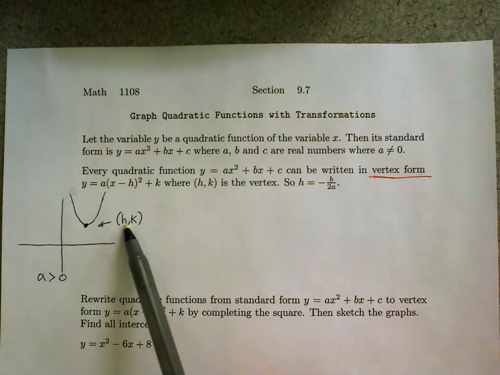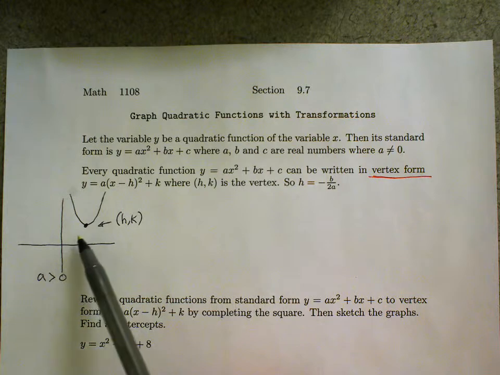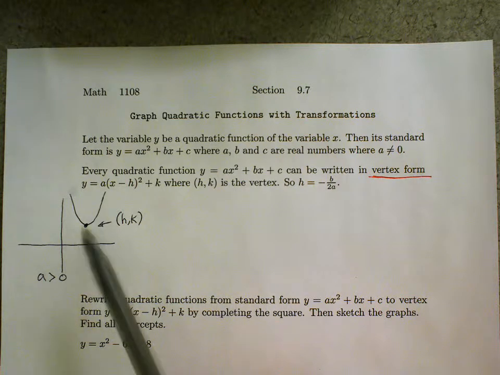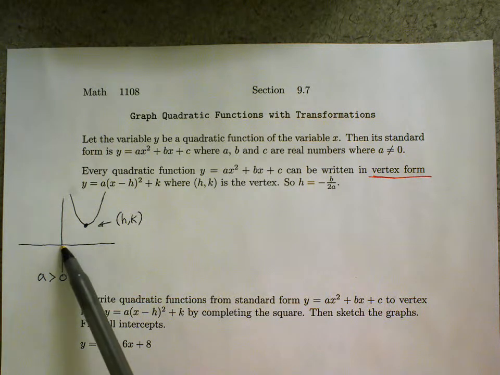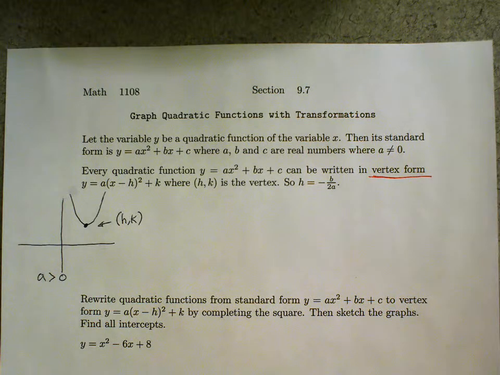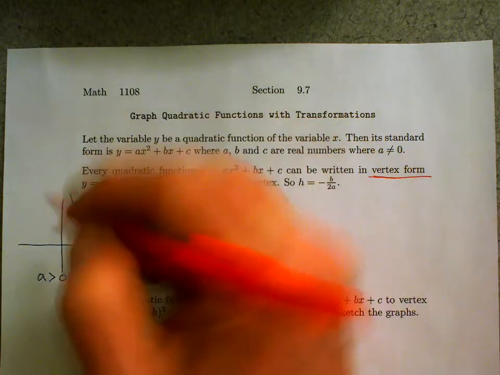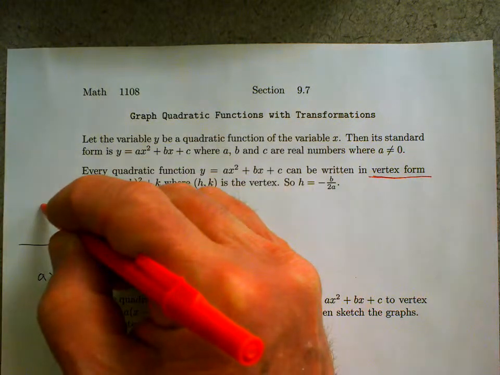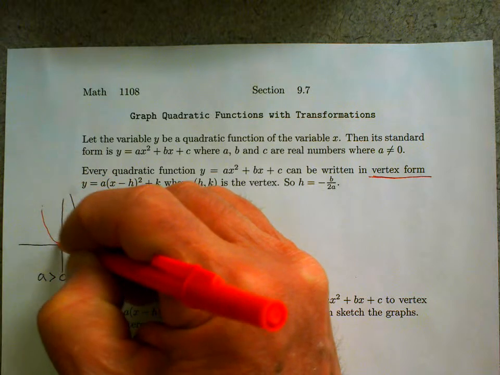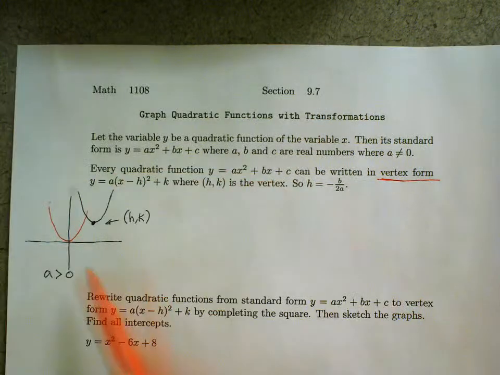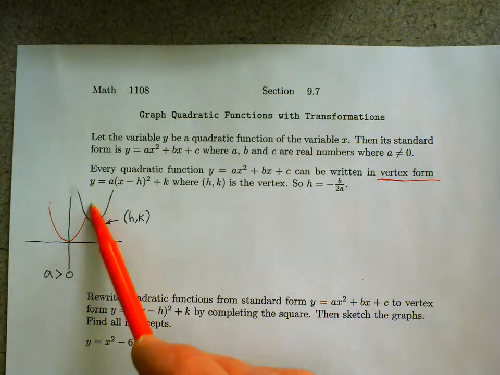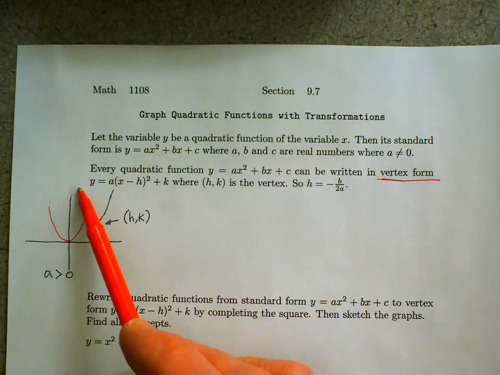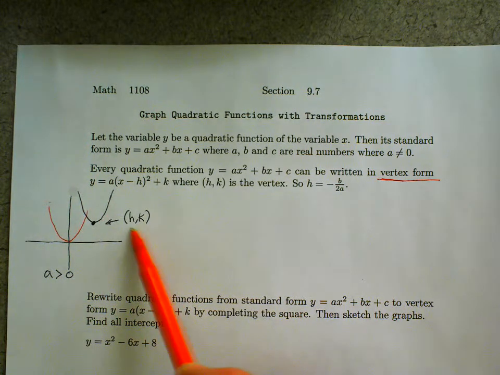So this is referred to as a transformation. If we started out with a parabola whose vertex is at the origin, so think of a parabola that has exactly the same shape as the parabola up here where the vertex is (h, k).